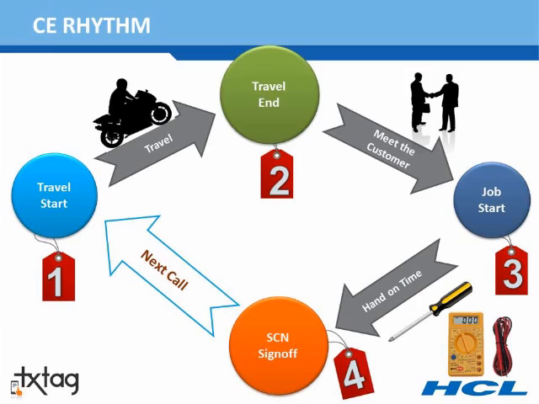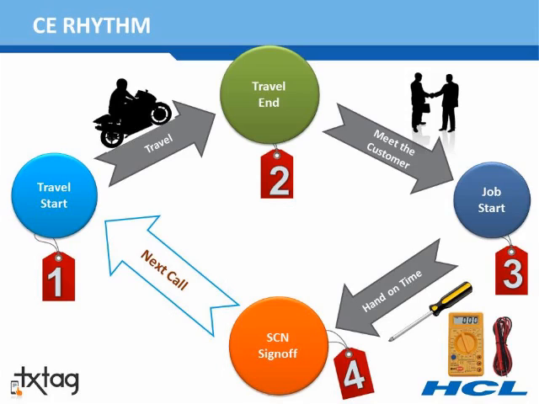To capture this, we require you, the engineers of HCL, to send an SMS back to us at these 4 stages. When you start your travel, you will send an SMS. When you reach the customer place and you park your vehicle or you are reaching the security gate of the customer, you have to send another SMS.